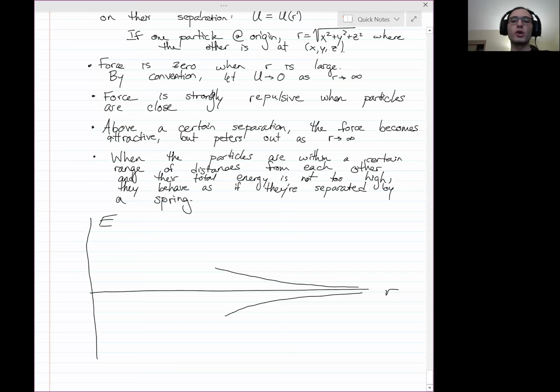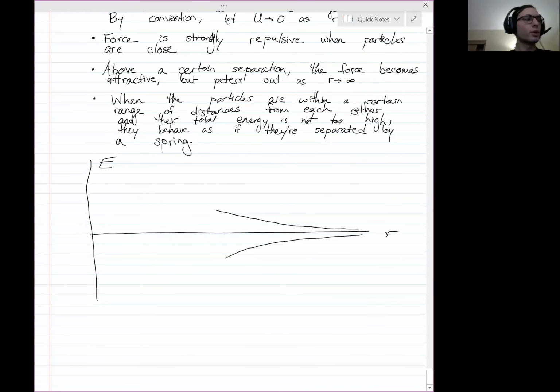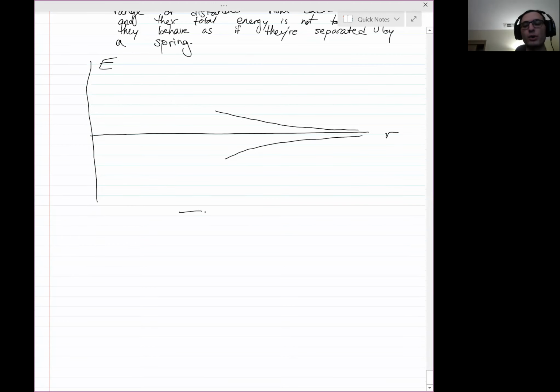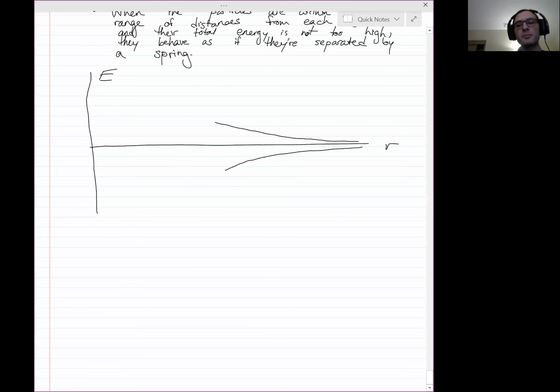Now we know the force is strongly repulsive when particles are close. What does that mean? Repulsive means that the force acts to make the distance larger. If two objects are repelled, the force will push on them to make the distance larger. So we should have a force that points to the right, because a force going to the right indicates that r is getting larger. What kind of slope do we need for a repulsive force?